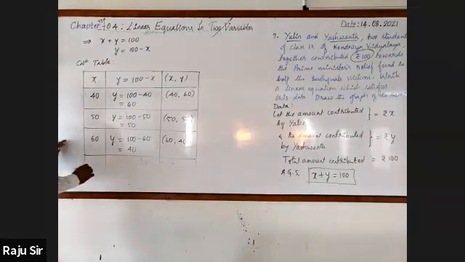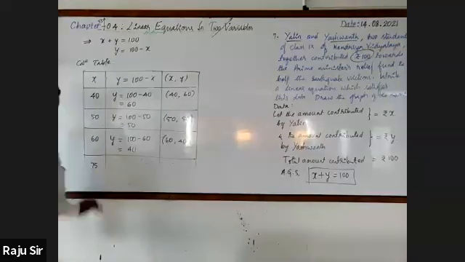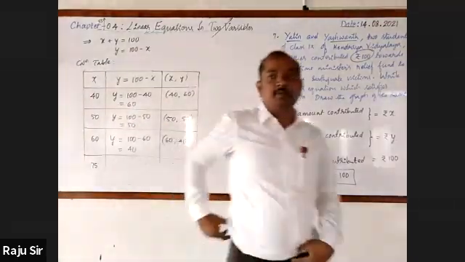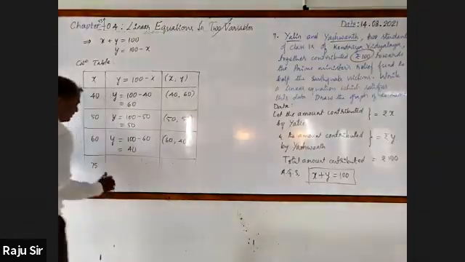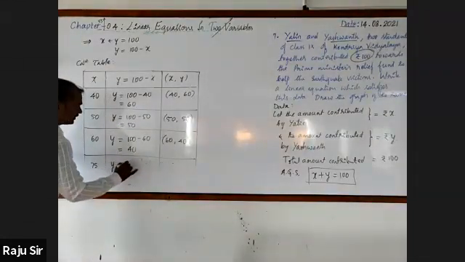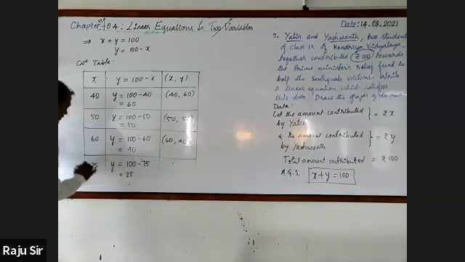One more point: 75, the amount contributed by Yatin. Yashwant is 25, sir. 25 rupees.